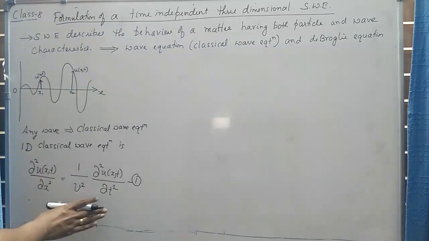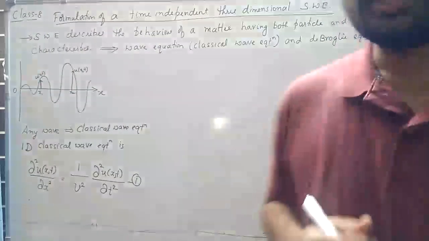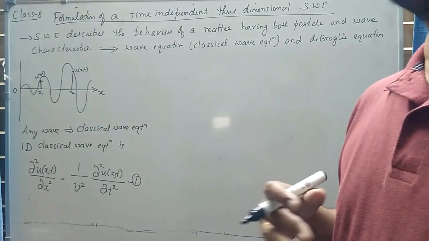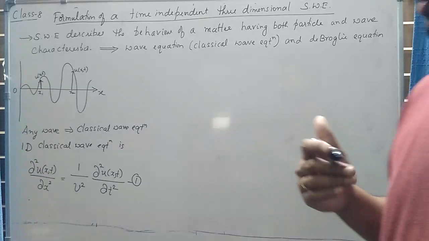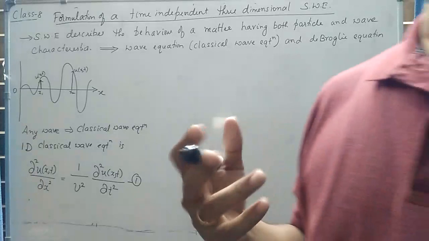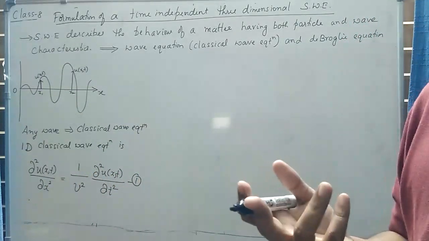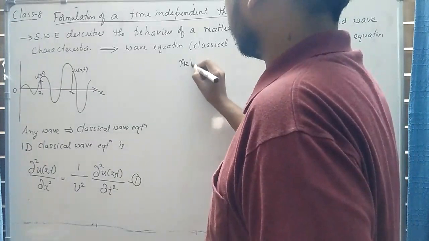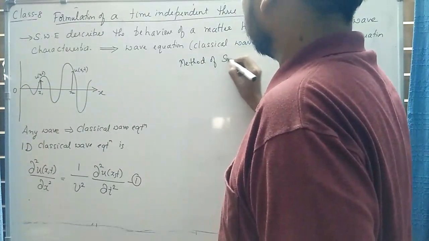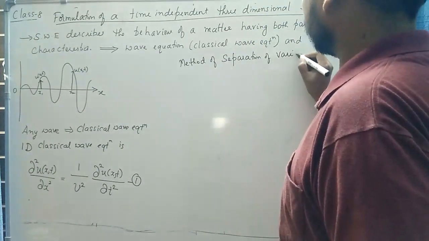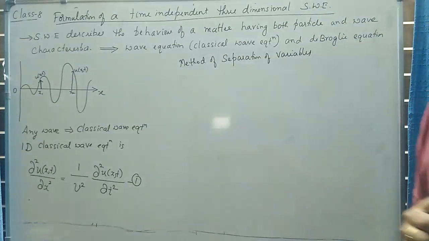Now we have to solve this differential equation. There are numerous methods for solving a differential equation, out of which one of the most frequently used, and one of the easier methods, is called the method of separation of variables. Okay, this is a well-known method.